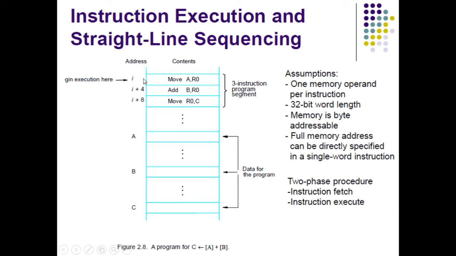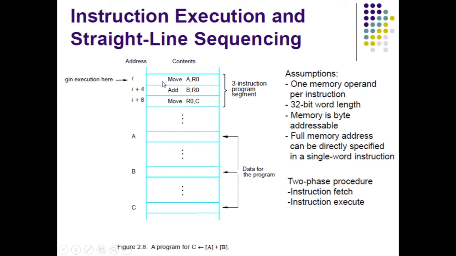So consider the point again. While executing the instruction pointed to by I, the program counter is automatically incremented and points to location I plus 4.